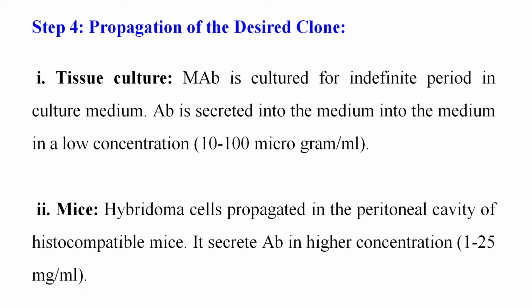And by this technique, we have a higher concentration of antibodies that can be obtained, the monoclonal antibodies. So this concentration is around 1 to 25 micrograms per ml. So tissue culture or in vitro, we are talking about micrograms, whereas this is milligrams. So you can see the difference.